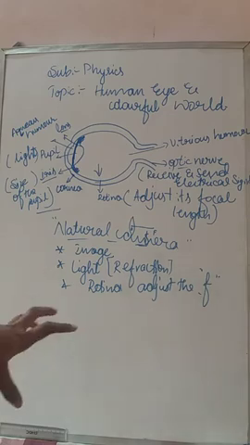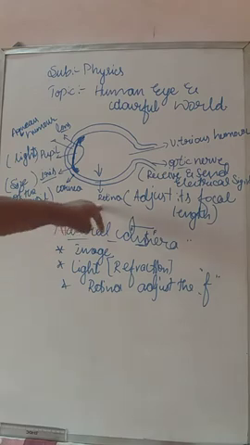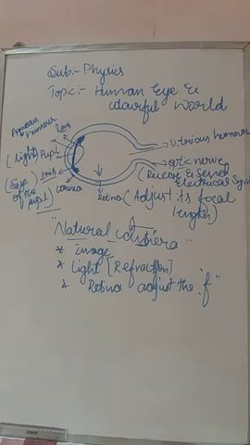If all these processes don't happen, we can't see any clear image, as in blind people. I think you know about that. The main thing is the lens is not there, or the lens and everything is damaged. If the lens is not there, it cannot capture any image or form any image on the retina, so they can't see anything.